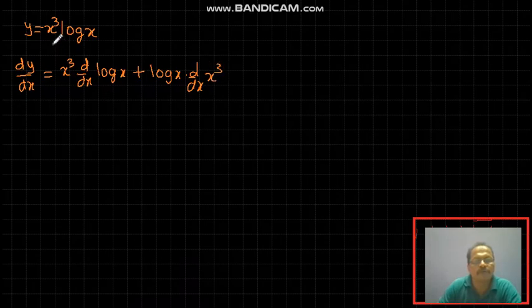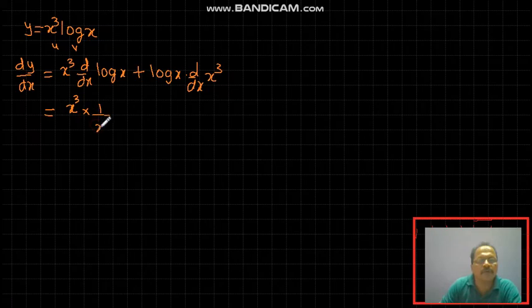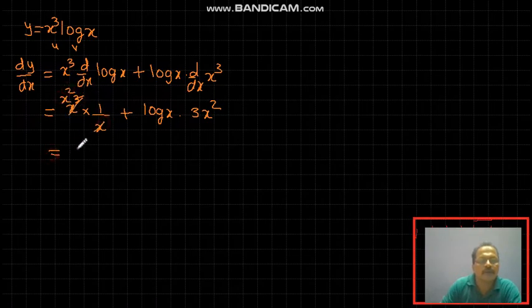Here I have used the product rule, u multiplied by v. x cube into derivative of log x is 1 upon x plus log x as it is, derivative of x cube is 3x square. I can cancel one x over here and we get x square, x square common, inside the bracket 1 plus 3 log x.